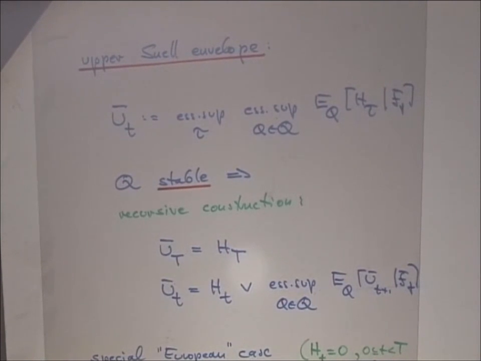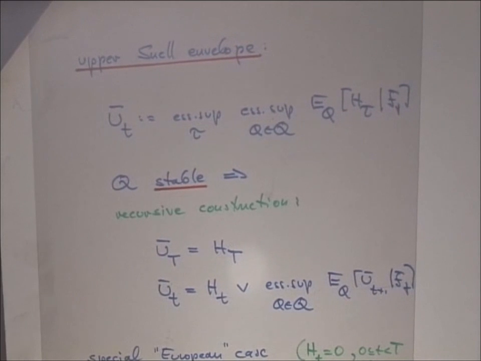So at the end we start with the final payoff. And then at each time, as before, we look at conditional expectations, but it's a sup over all Q in our class of models and compare it to the payoff which we could get right now.